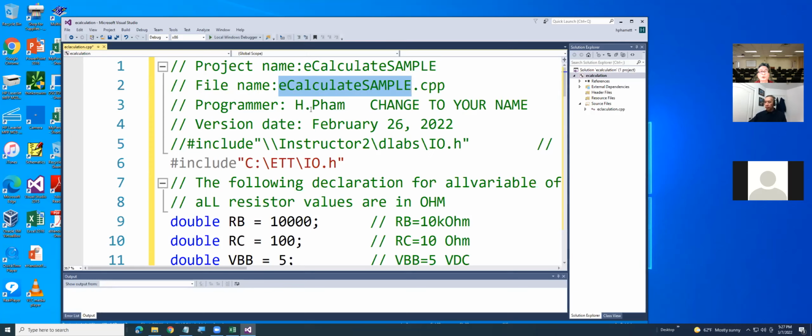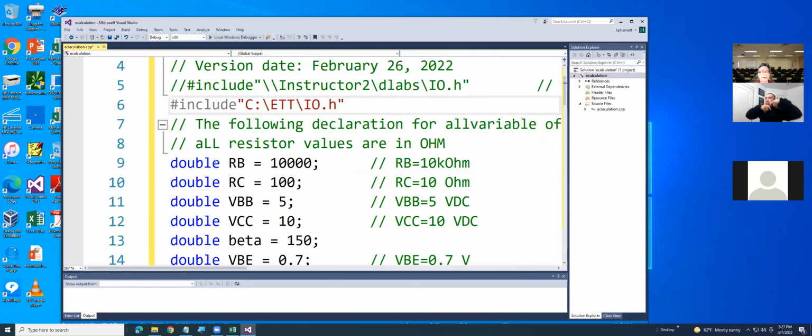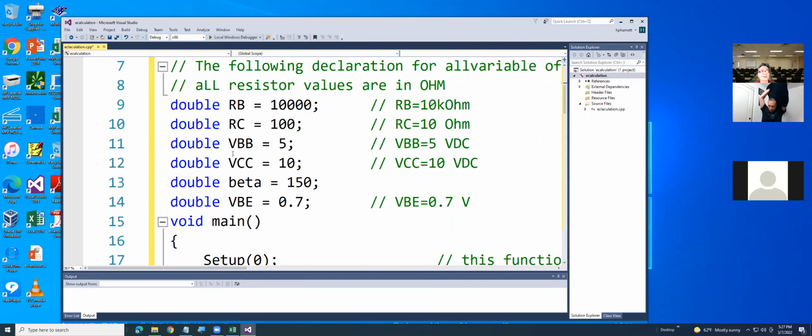Programmer, you change to your name. Don't leave my name, okay? Version date, that means the day you do it, whatever day. Okay? Then you just see on that one here, including here. Okay, you don't care. Now, next thing.